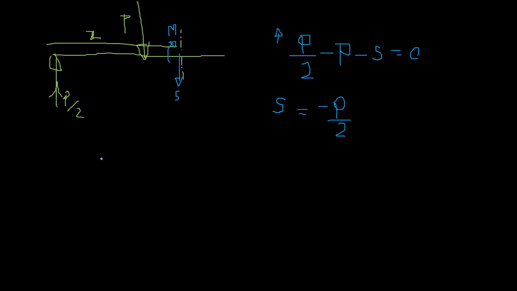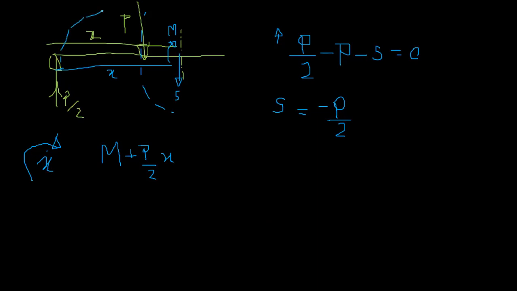For the bending moment, you can write moment about X equal to M plus P by 2 into X. This P into X is in anti-clockwise direction. This is in clockwise direction about this point, right?